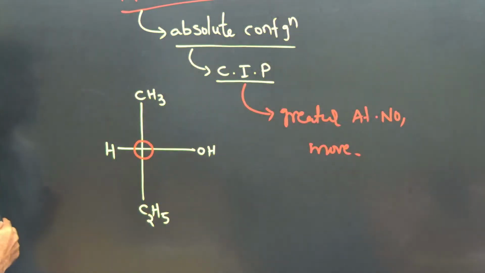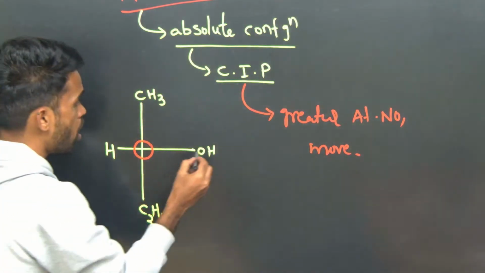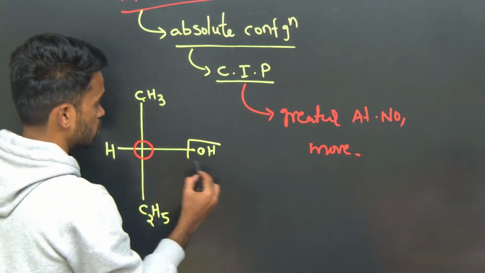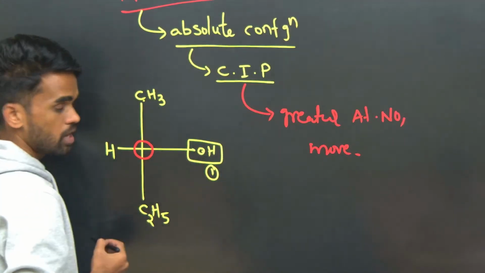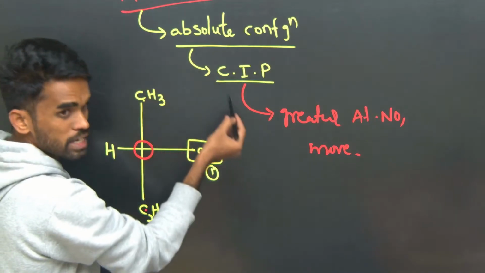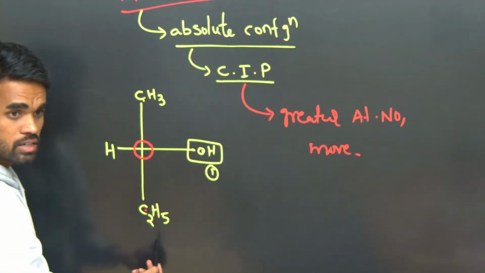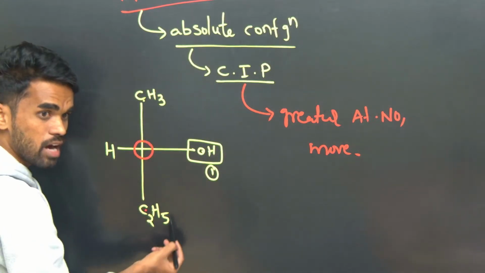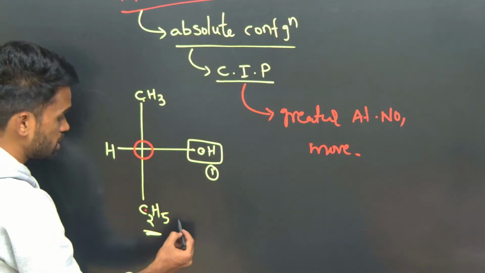Which has the greater atomic number here? Oxygen, so first priority. Next, here also carbon, here also carbon. If it is carbon, go to the next one. Hydrogens only here, but in C2H5 there is carbon and hydrogens. So this is second priority.